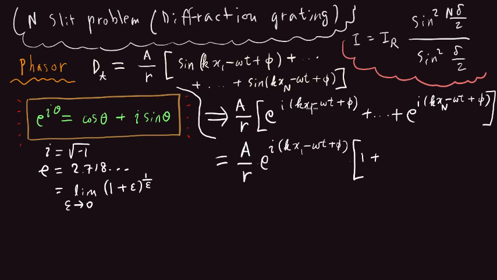And what is the phase difference between the two? It's actually delta, because delta was defined as k times (x2 minus x1). So when you go from the first exponential to the second exponential, the only difference is that the phase increases by delta, where delta equals k (x2 minus x1) equals k (x3 minus x2), and so on and so forth, as we explained before.